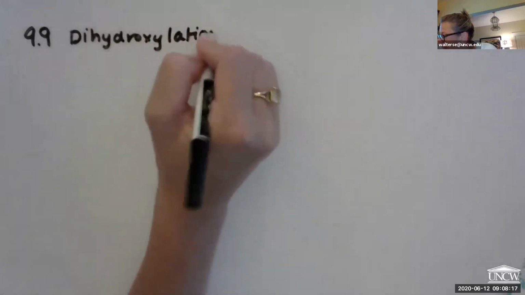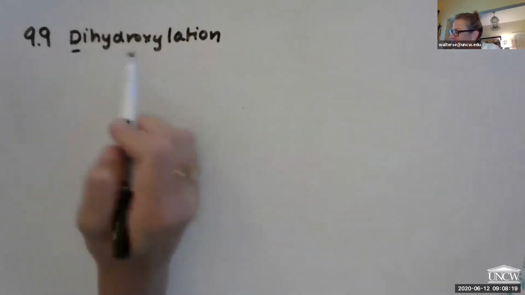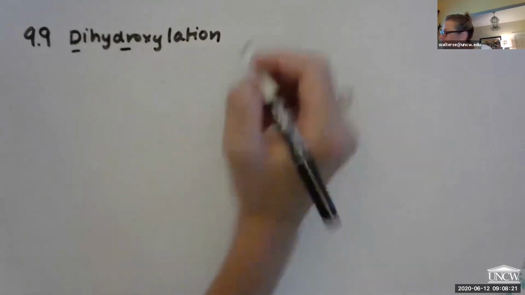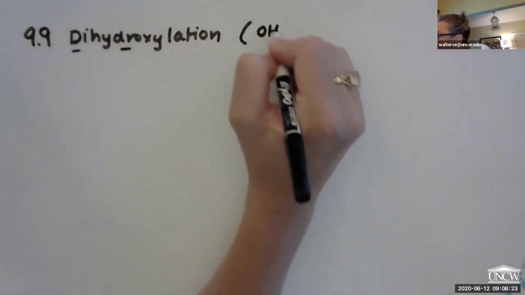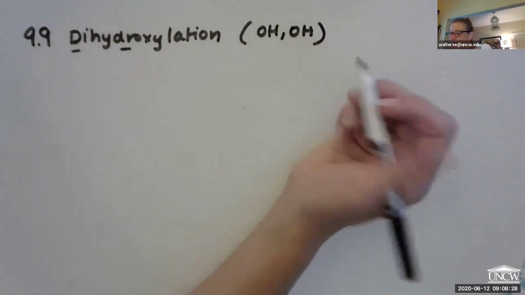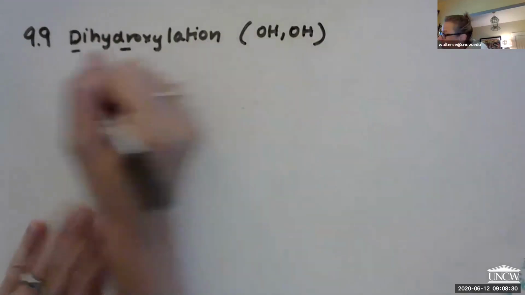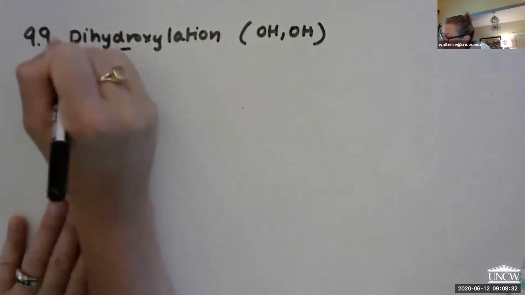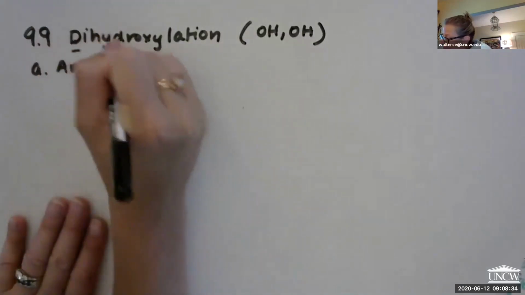Okay, and the name is telling you what's happening. You're adding 2 hydroxides. So this is OH and OH. And the first one we're going to look at is going to function by anti-addition.